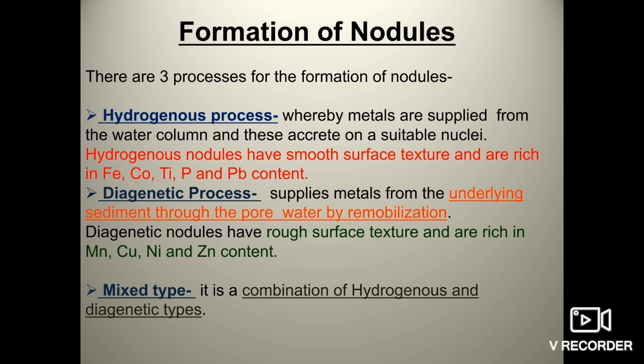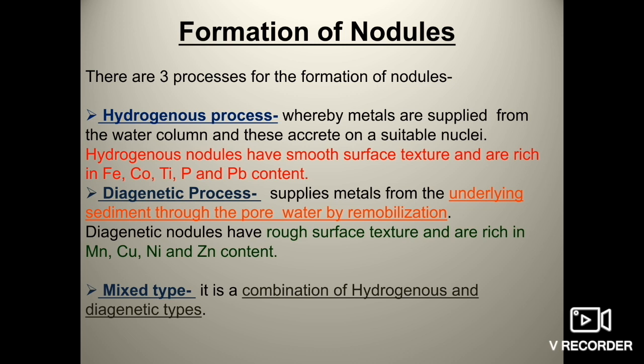And if we talk about the formation of the nodules, there are basically three main processes: the hydrogenous process, the diagenetic process, and the mixed type. In the hydrogenous process, metals are supplied from the water column, and these accrete on suitable nuclei.